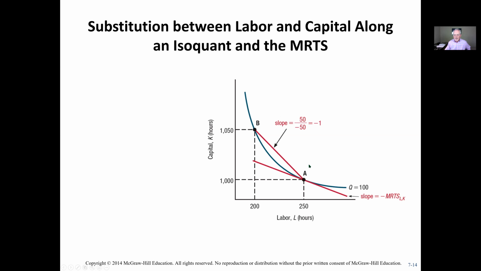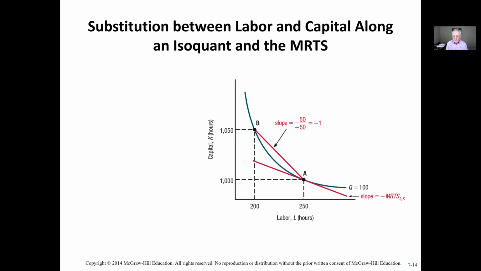Now, as this is drawn, going from A to B, we're going to take away 50 units of labor in exchange for 50 units of capital. Output stays the same. The slope of that secant line then is -1. More specifically, however, at point A, the slope of the isoquant at the point A is the same as the slope of a tangent line to the isoquant at that point.